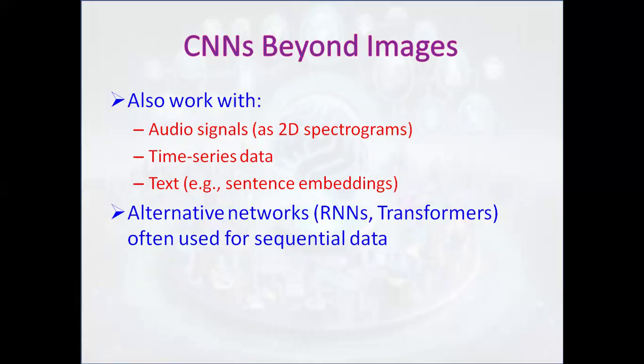Text data can also be converted to matrix form using embeddings, allowing CNNs to perform tasks like sentiment analysis or spam detection. Although CNNs work with these types of data, recurrent neural networks (RNNs) and transformers are often more suitable for sequential information due to their ability to handle long-term dependencies.